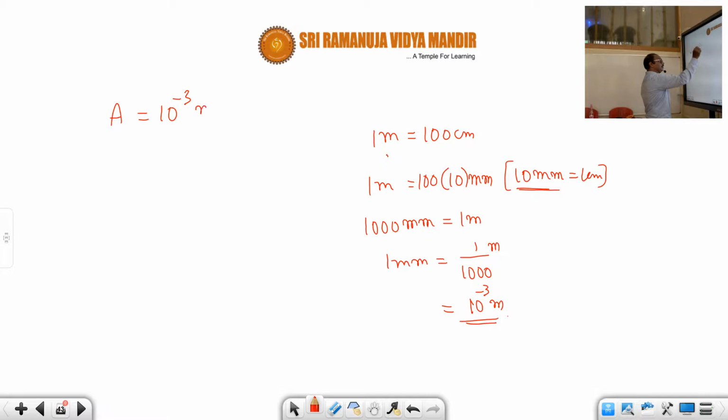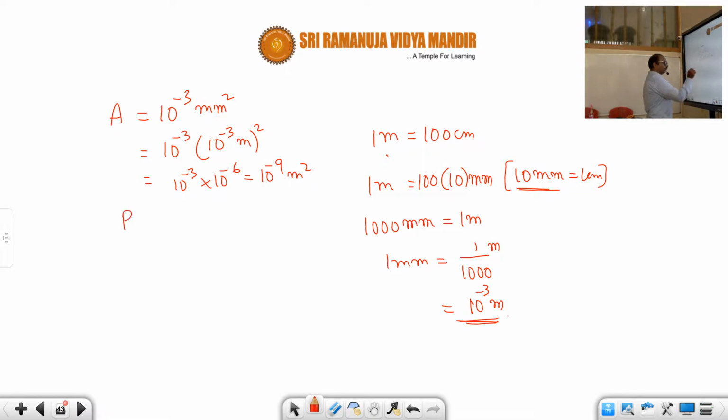That equals 10 to the power minus 3. 1 millimeter equals how many meters? 10 to the power minus 3 meter, and here the whole square is there. So that equals 10 to the power minus 3 into 10 to the power minus 6, that is 10 to the power minus 9 meter square.